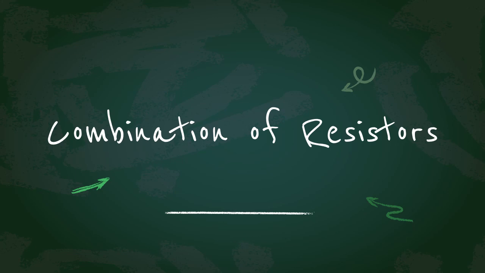However, if the circuit has both series and parallel connections in its resistors, then you need to simplify the circuit until you arrive at your final total resistance.